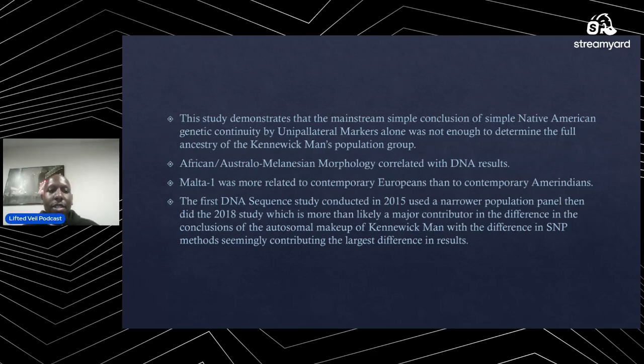The first DNA sequence study, conducted in 2015, used a narrower population panel than the 2018 study, at least in terms of some of the ancient populations. So it wasn't a wide margin, but they did use a handful of extra ancient specimens that the 2015 study didn't use, which is more than likely a major contributor to the difference in conclusions about the autosomal makeup of Kennewick Man, with the difference in SNP methods seemingly contributing to the largest difference in results.